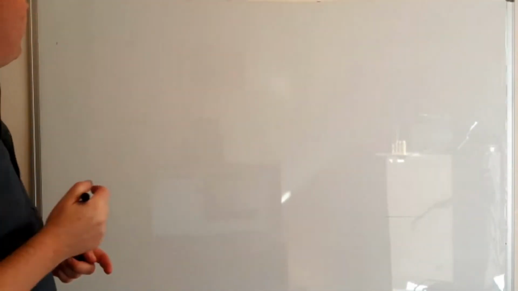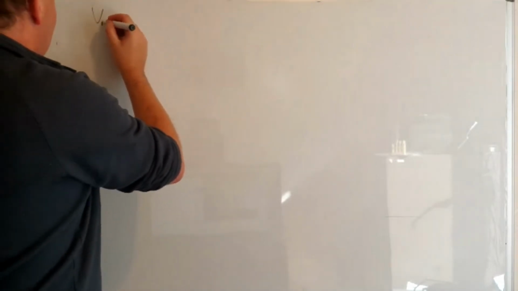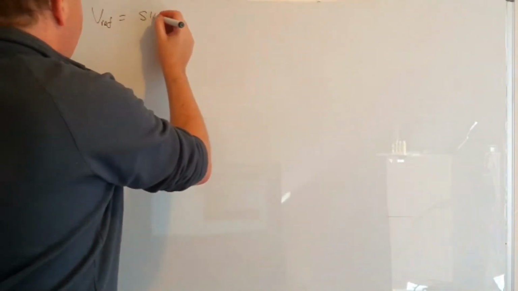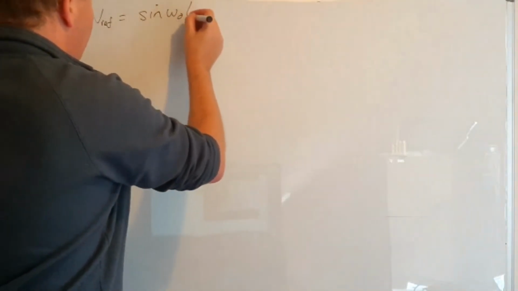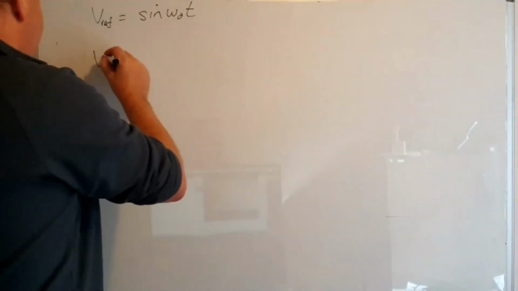Okay, so we have our system being driven by some reference signal, which I'm going to write down as sine omega naught t. And then we have a measurement we're carrying out.